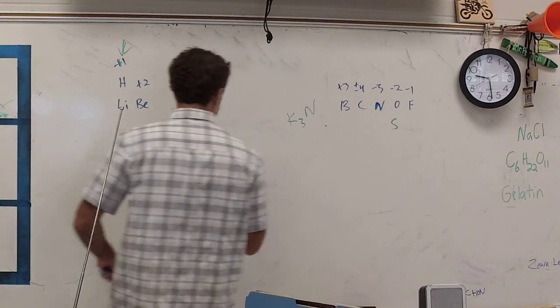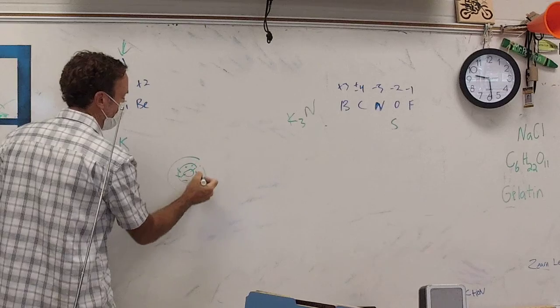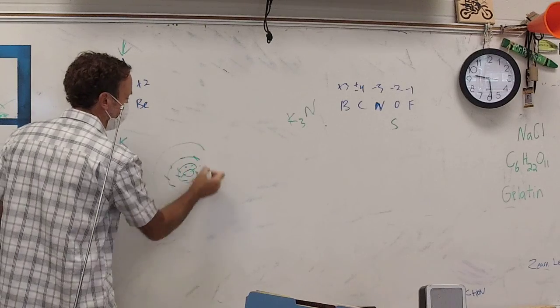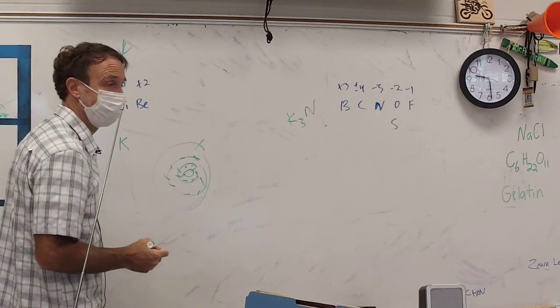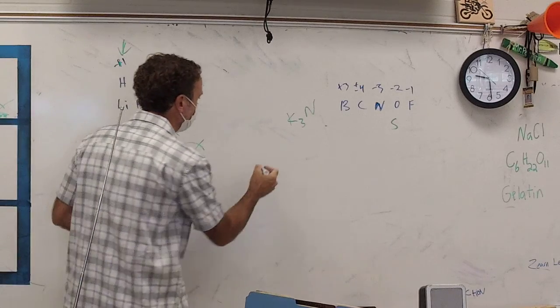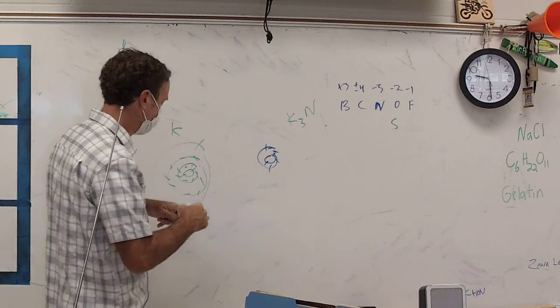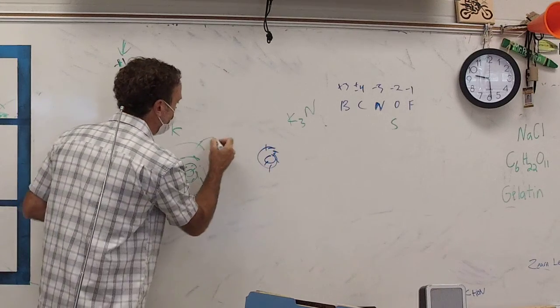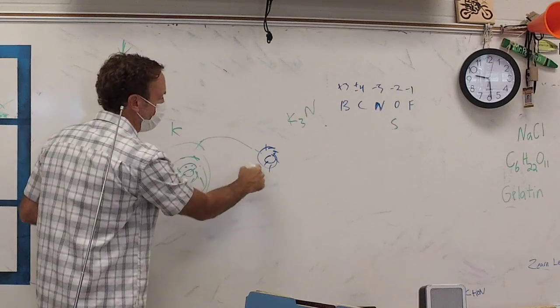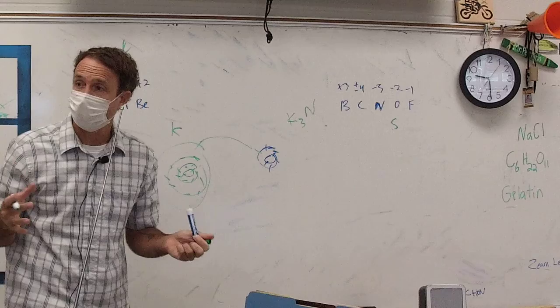Here's a potassium atom. 2, 8, 8, and 1. That's potassium. Here is nitrogen. 2 and 5. This electron will be taken, scoop. Now, nitrogen needs 2 more electrons, doesn't it? There are always trillions and trillions of atoms available.